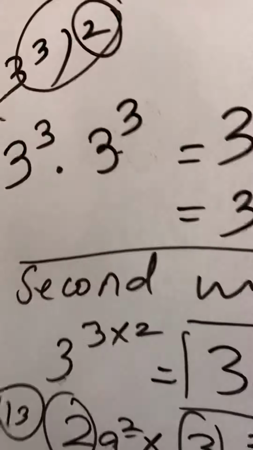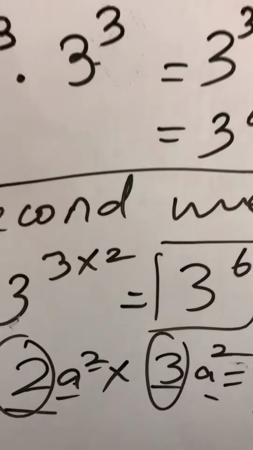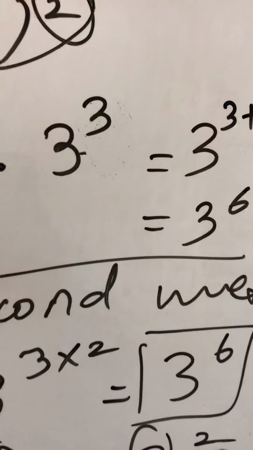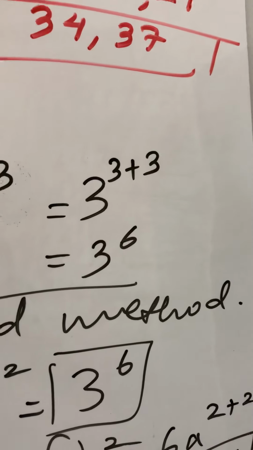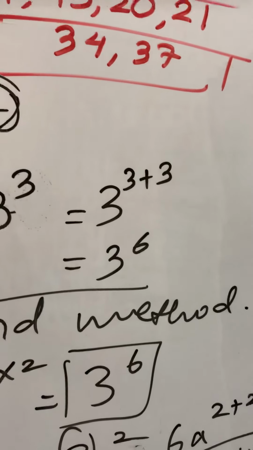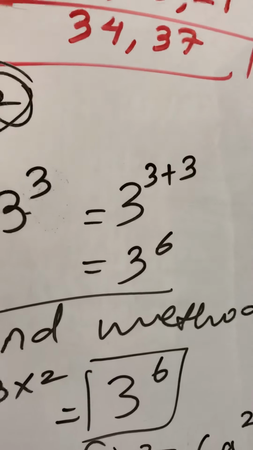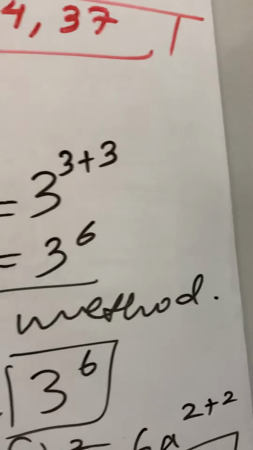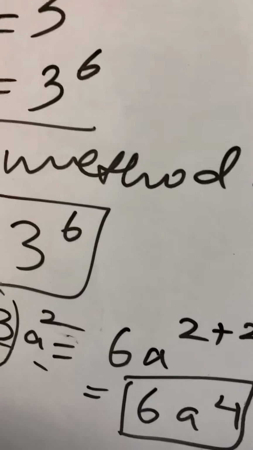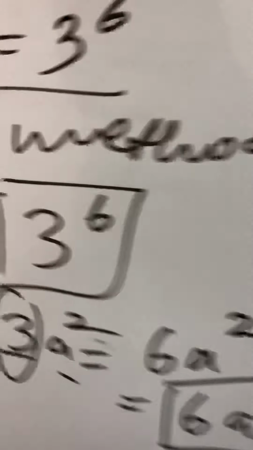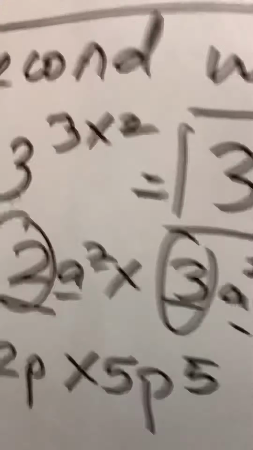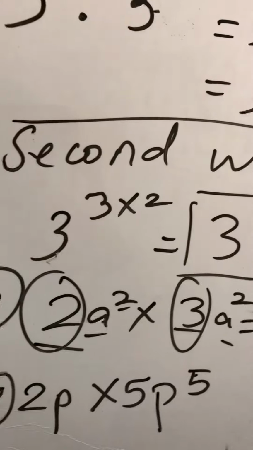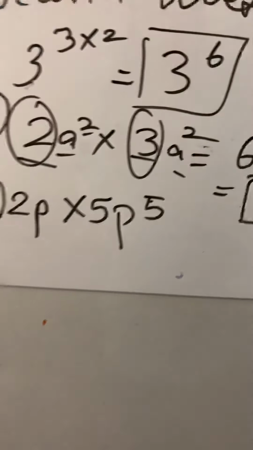Next is number 20 that I'm going to show you. Question 20 is 2p times 5p raised to 5.